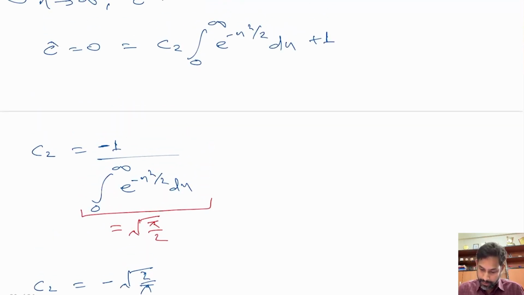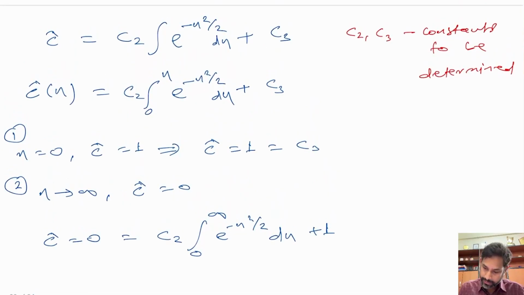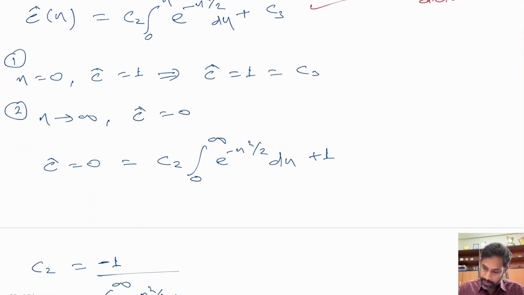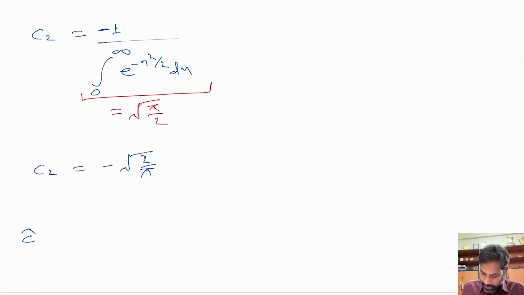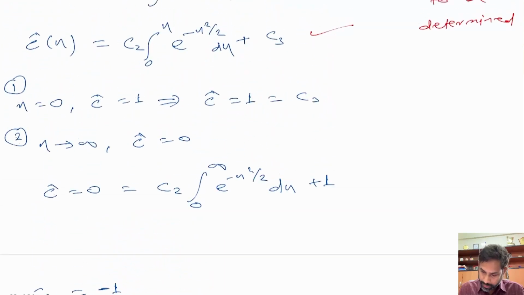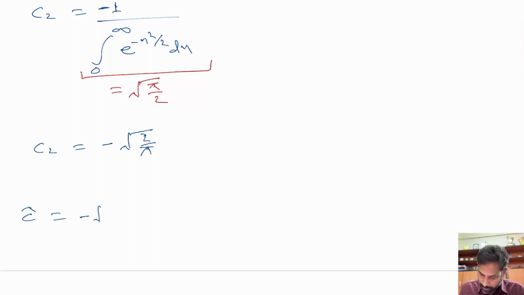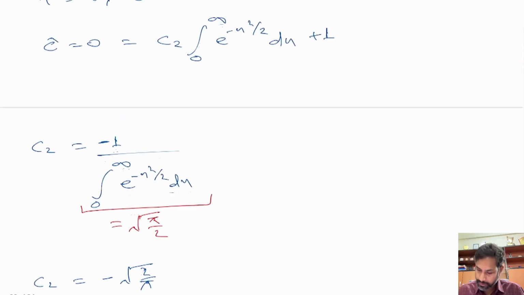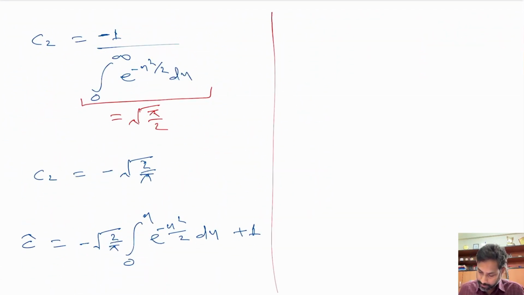So our C hat can now be written as: C2 is now known, C2 is minus square root of 2 by pi. It goes from 0 to eta of e to the power minus eta square by 2 d eta plus 1, where C3 is equal to 1.